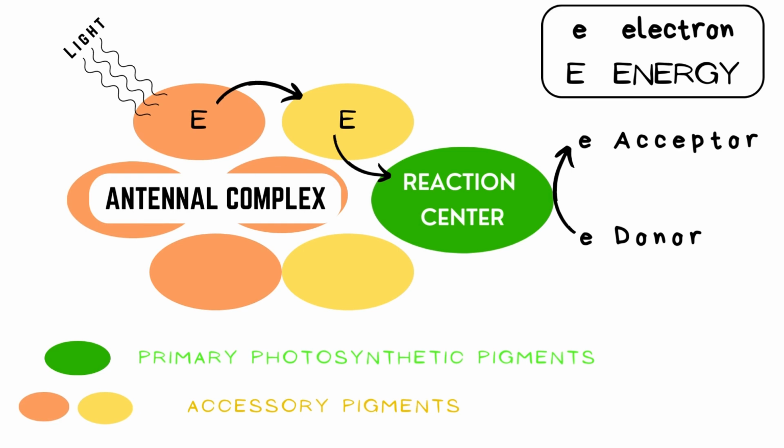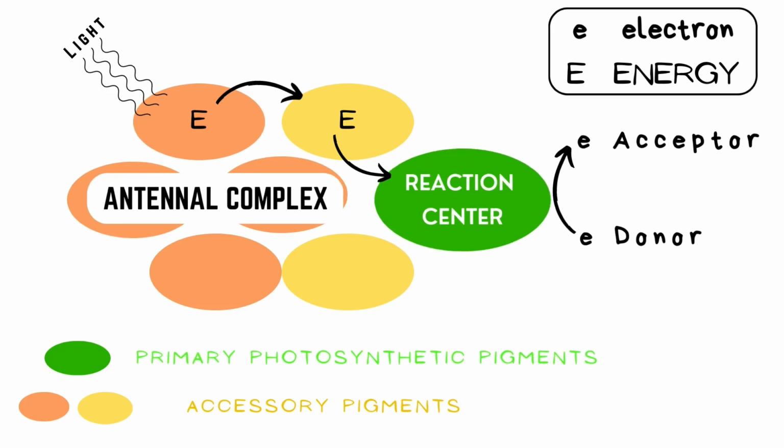The antennal complexes take the light, convert that energy and transfer it to the neighboring antennal complexes by resonance energy transfer. Subsequently, this energy is transferred to the reaction center, which will further take part in oxidation and reduction reactions and the transfer of electrons, which we will study in our upcoming videos.